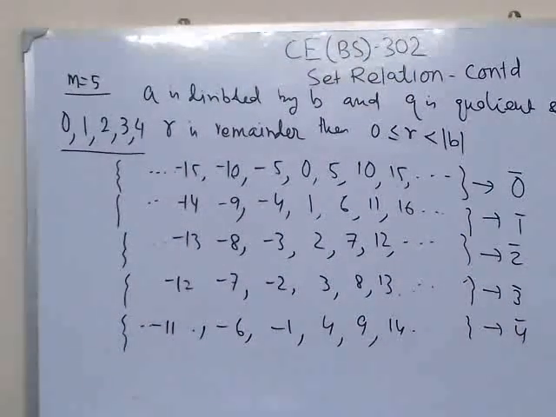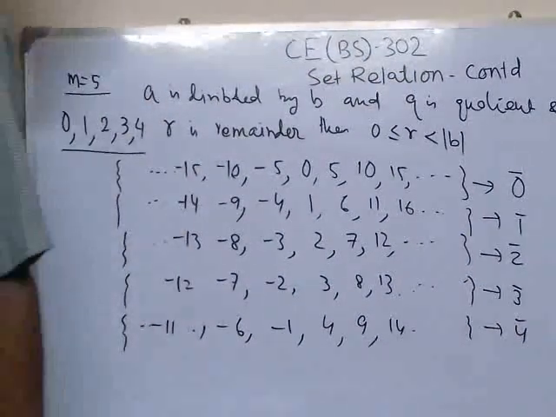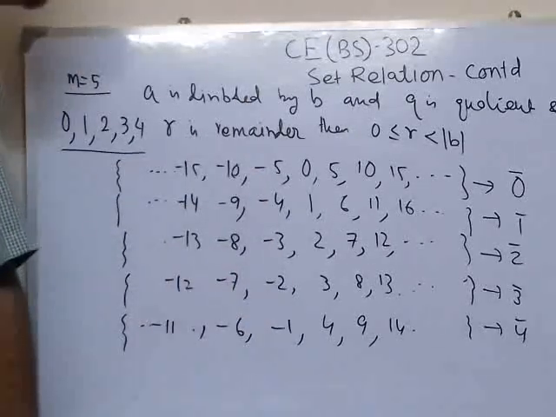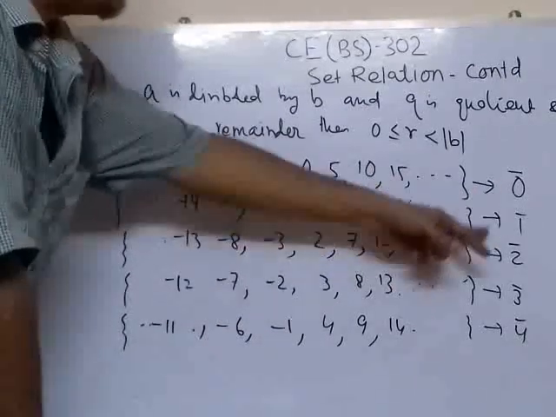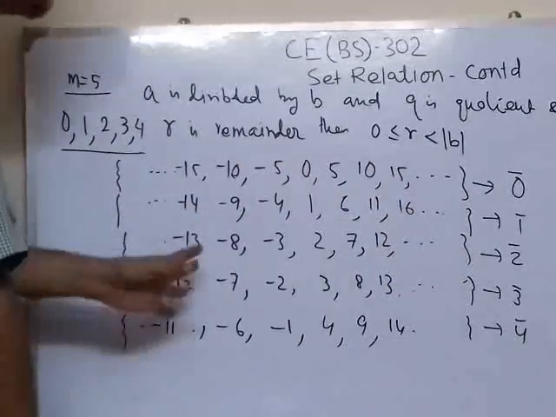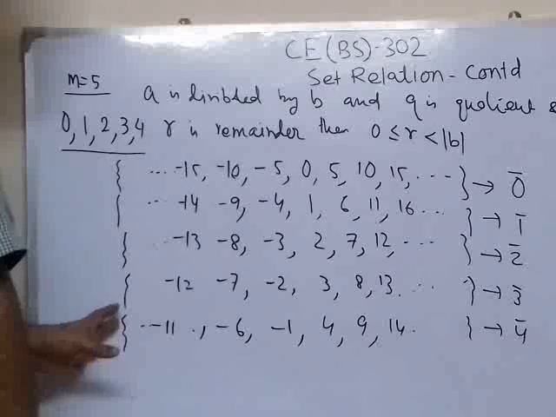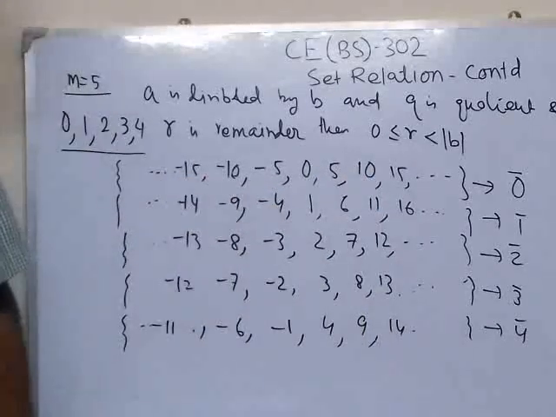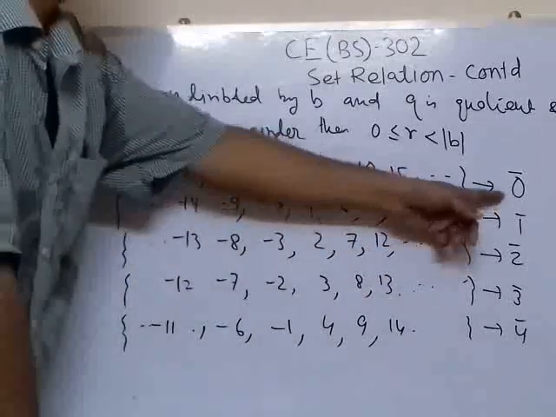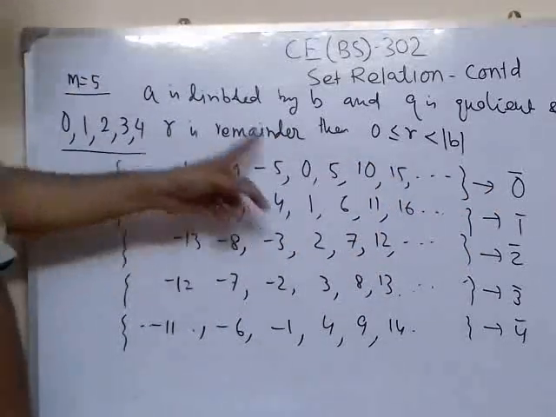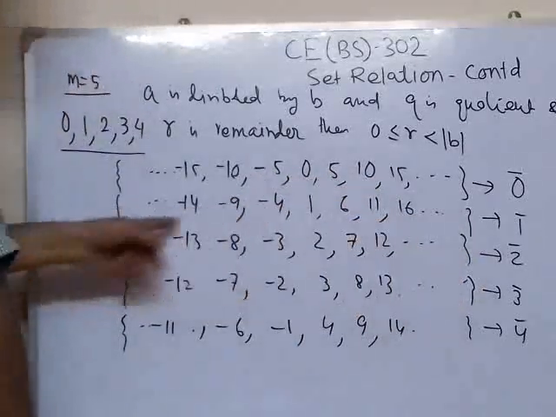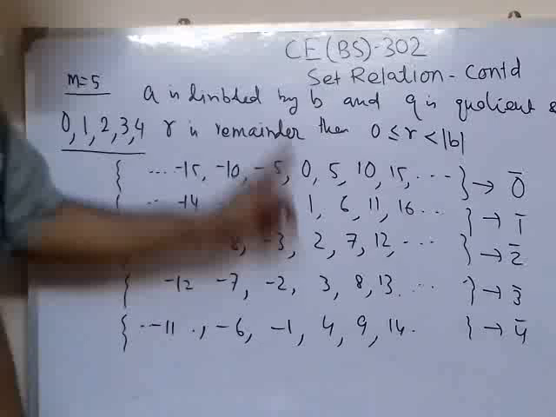Now, a very interesting phenomenon has happened here. If you look at this list carefully, you will see that every class is disjoint to the other classes. No two elements are common in the classes. The 0 bar has its own elements, and none of them appears in the other classes. The 1 bar has its own elements and none of them appears in the other classes.